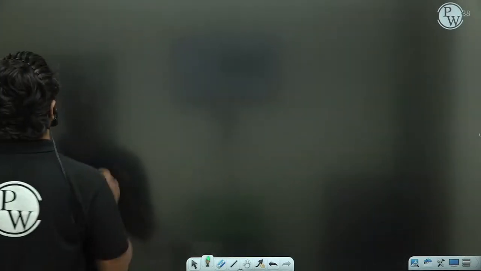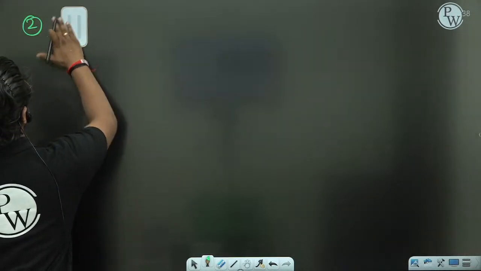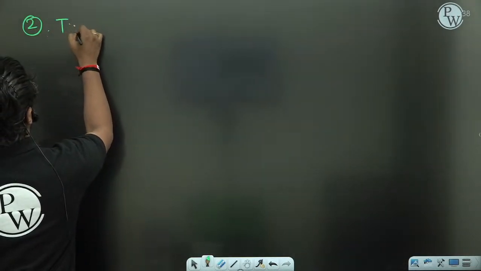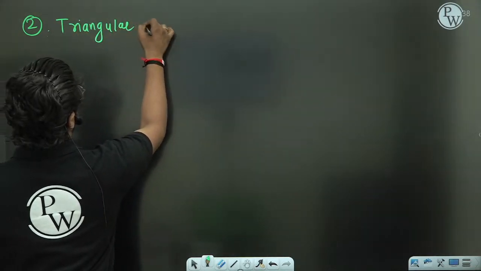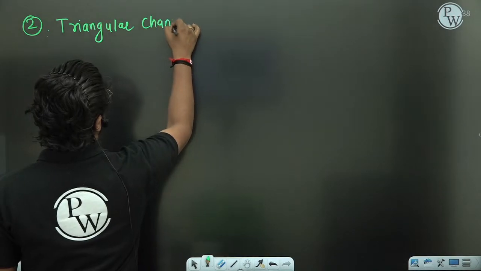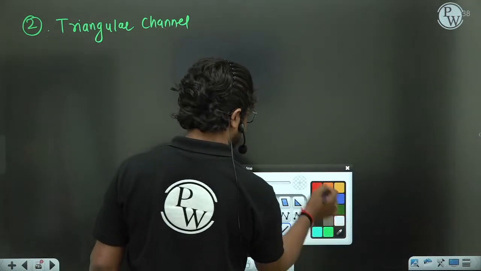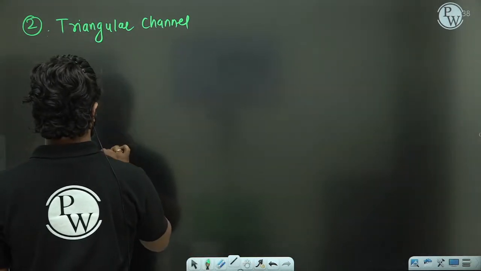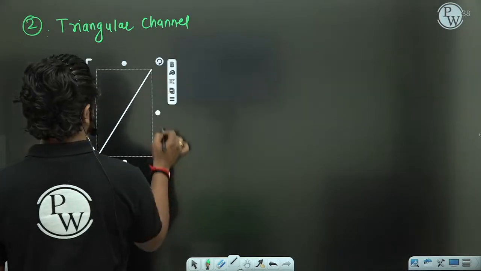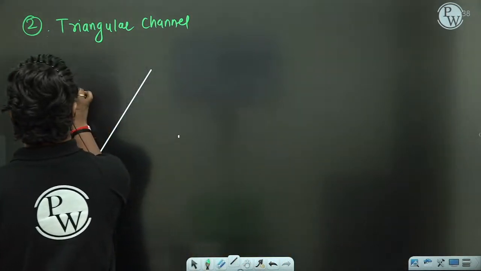Now we are going for the second one, the triangular section. Triangular channel is like this.